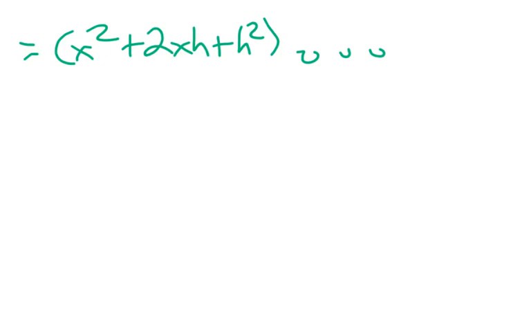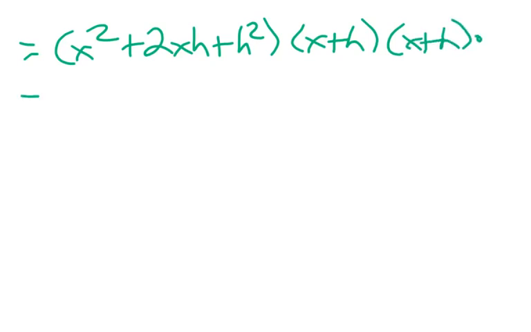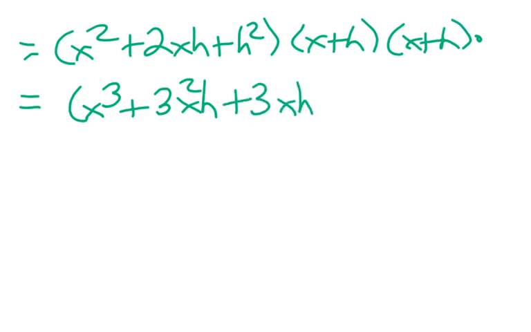So that's going to be two of them. If we multiply by a third, we saw before that that gave us x cubed plus 3x squared h plus 3xh squared plus h cubed, and multiplied by some more terms.